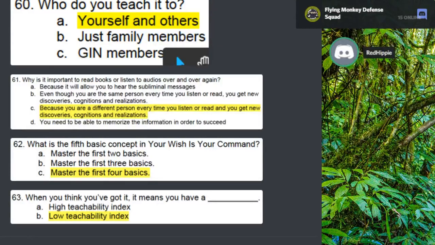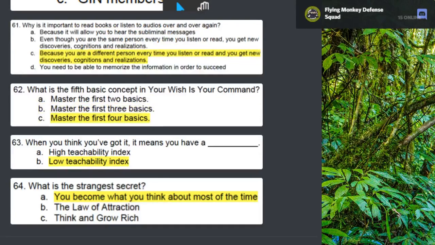You become what you think about most of the time. Who wrote it? Earl Nightingale, yes.